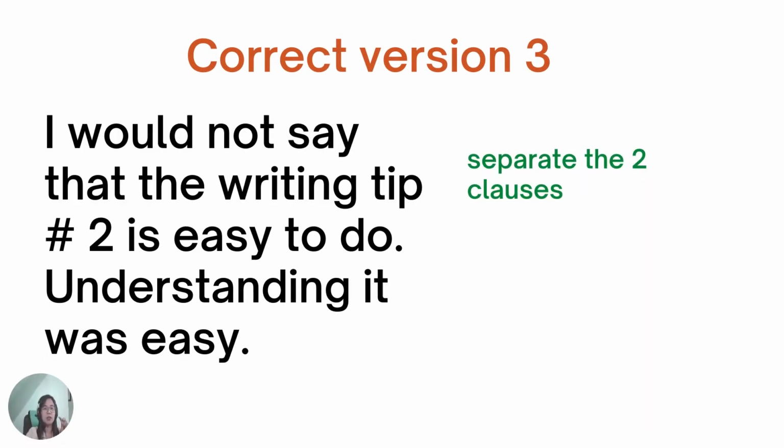Or version number 3, we can just separate these two clauses by a period. I would not say that writing tip number 2 is easy to do, period. Understanding it was easy. Okay, this is just one of the options. Again, I would like to clarify, this is just one of the options. Do not always choose the easy way of correcting this because you'll end up with a very dull paragraph.